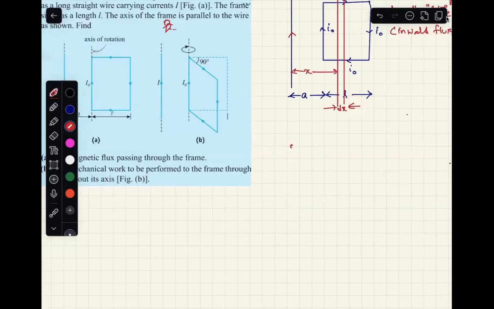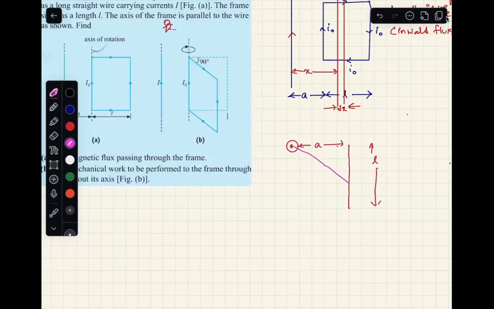In that case, I will see an outward current carrying conductor, and I have a line like this. Remember, this distance is A and this distance is L. Most complex situation we are facing right now.